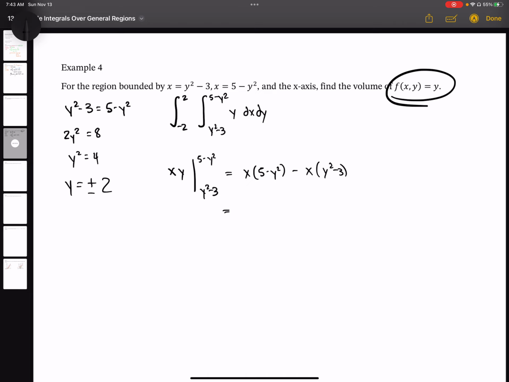If you wanted to simplify, that would be 5x minus xy squared minus xy squared plus 3x. So we end up with 8x minus 2x y squared.